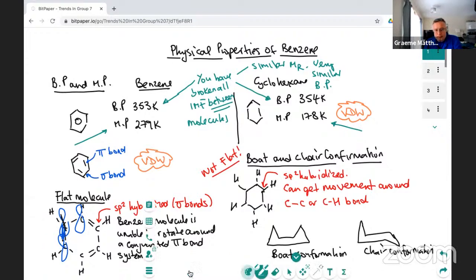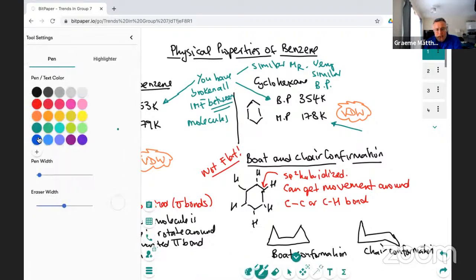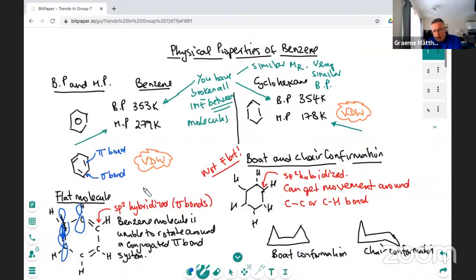So if I take a look at right here, benzene, it's flat like this. Here is my other benzene like this. And so what you have is van der Waals between the two benzenes, right?